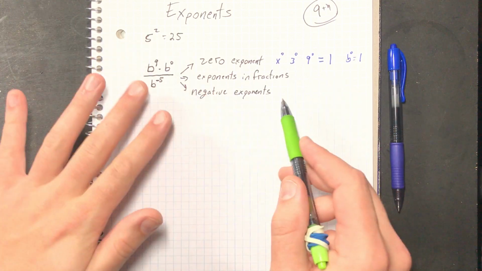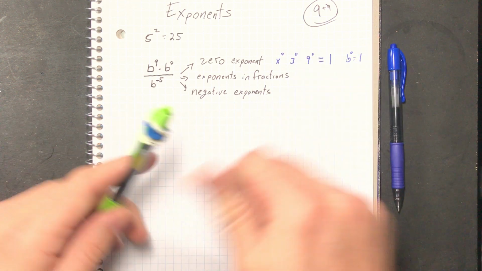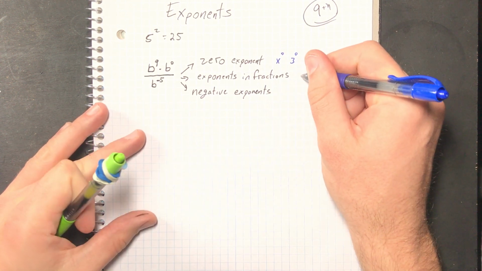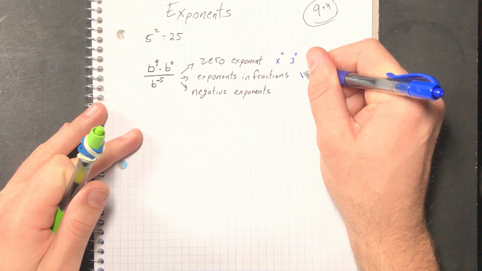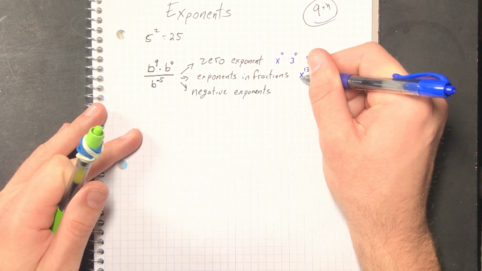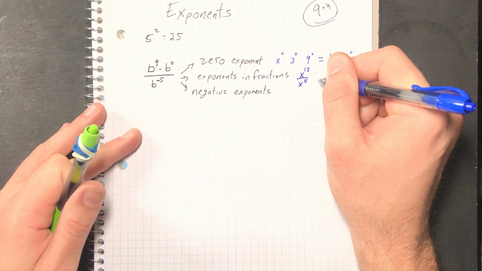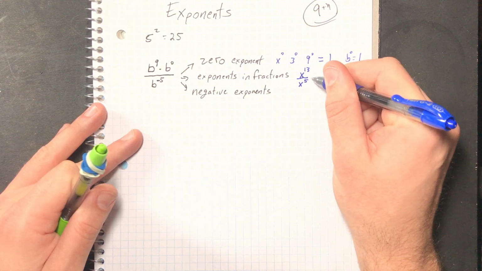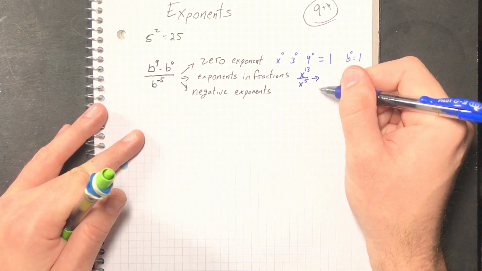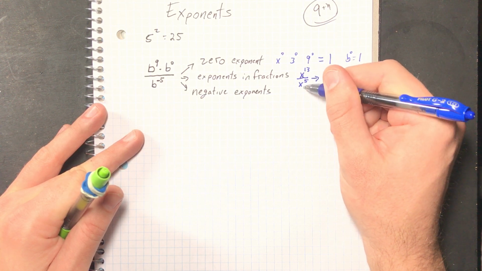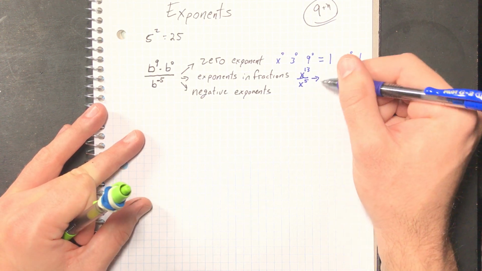Okay, exponents in fractions, right? So potentially we could have something like x to the 13th over x to the 5th. The way that you can do this, notice that it's the same base. We have x and x as the base, so it's the same base.